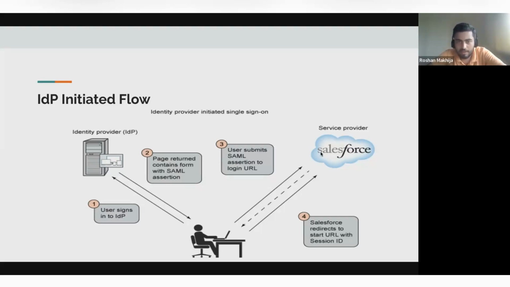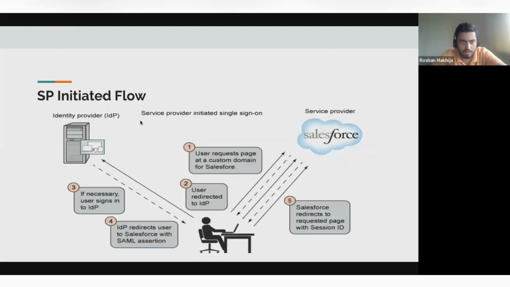The connected app then sends the assertion back saying that I have authenticated the user, and the service provider can now authenticate the user and let him log in by creating his session ID. So that's how identity provider initiated flow works in an SSO.